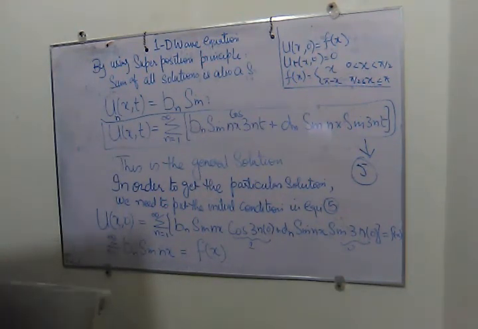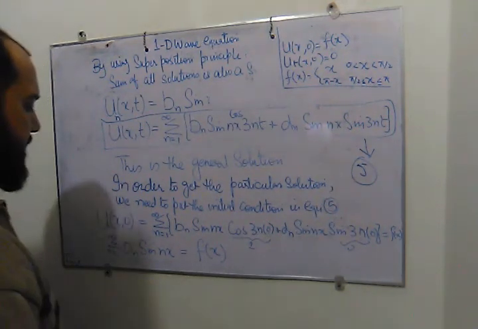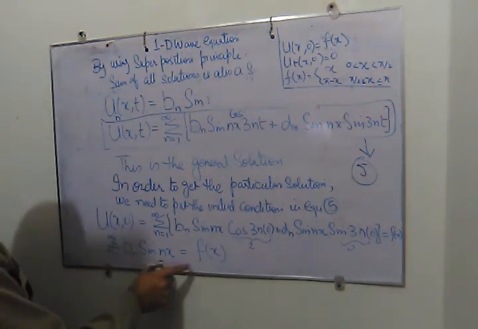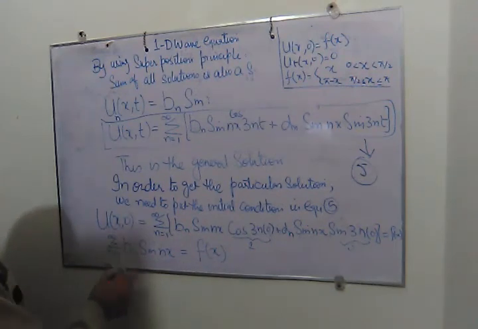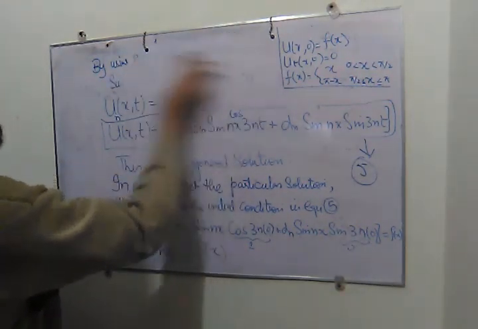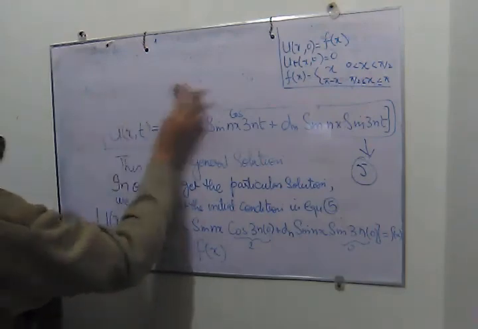Now the situation is almost similar to when we used the initial conditions in the heat equation. Then we have to find the value of Bn, and we use the orthogonality relationship.